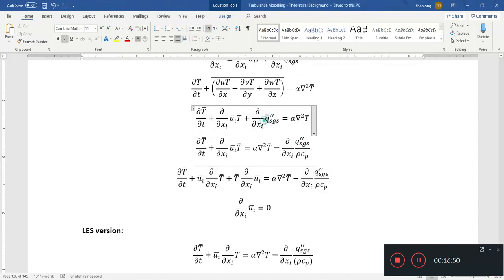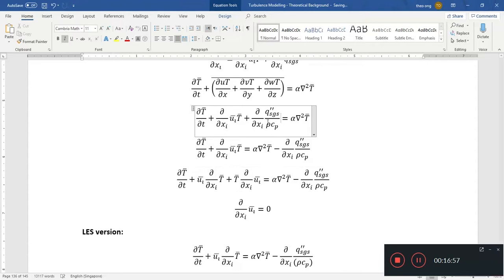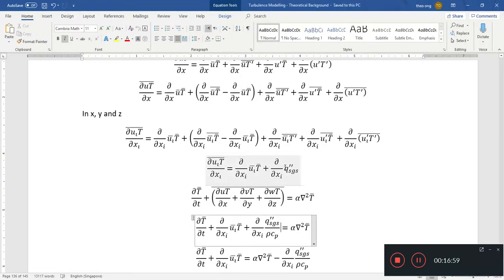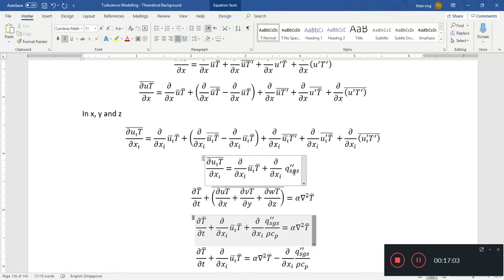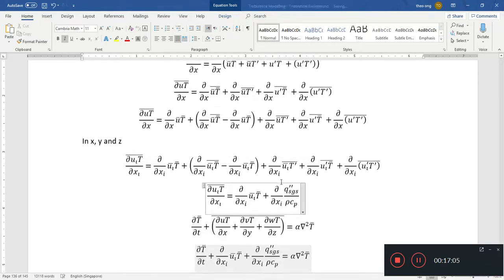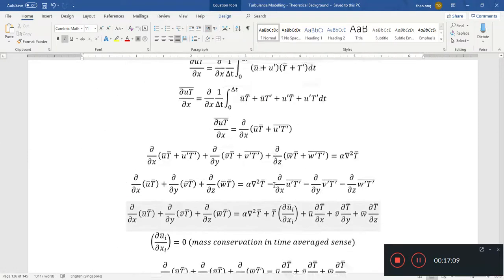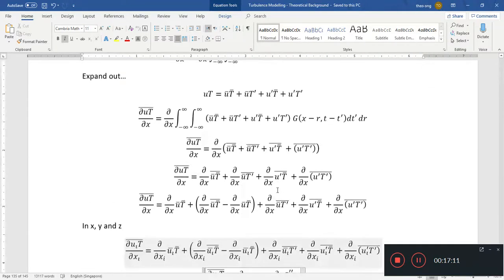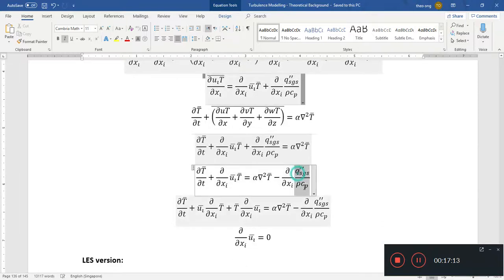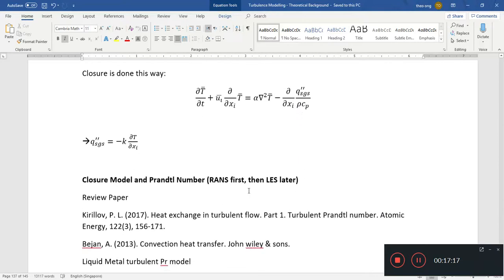So I just changed all of this. All right, so that should about do it. So this is all modeled through some subgrid conduction term here. Now this term is modeled as such.